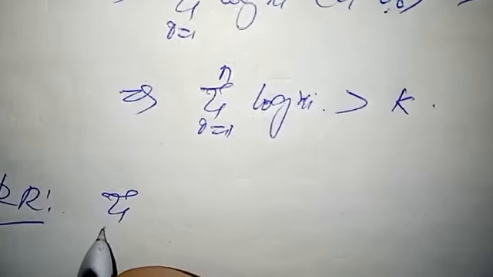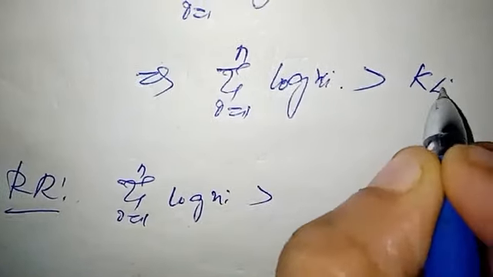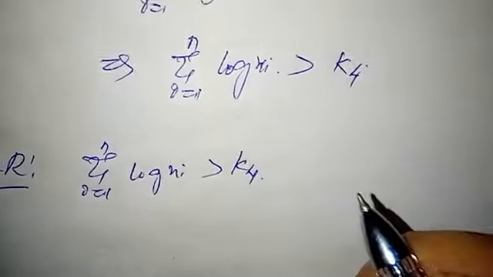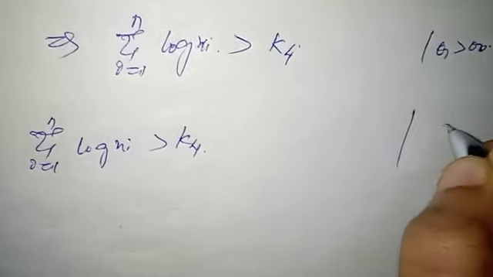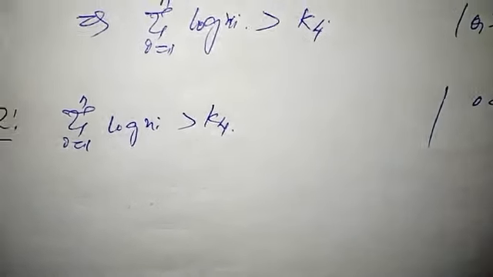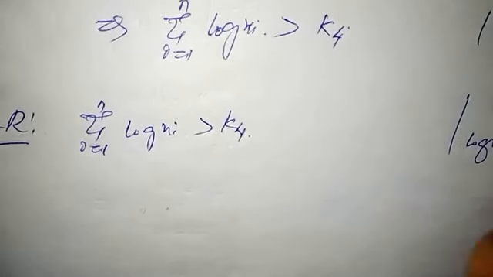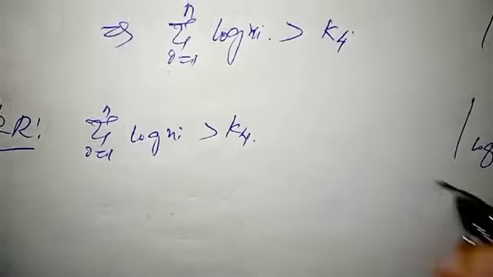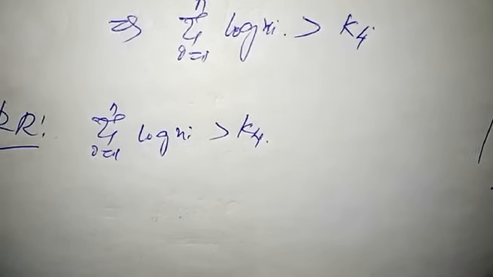And here the rejection region is, what is the rejection region? Summation i = 1 to n log xi is greater than k4. But the range of x is 0 less than xi less than 1, so log xi lies between minus infinity and 0.